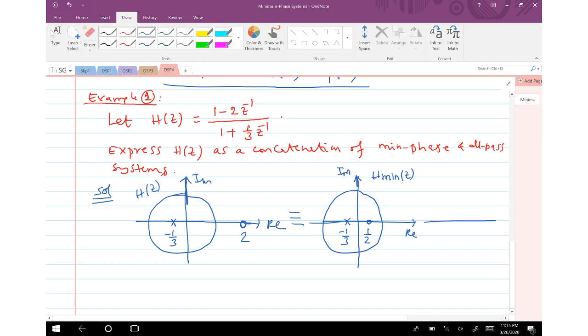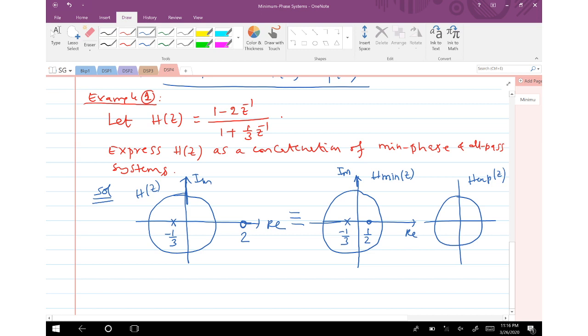And how would the h all pass filter transfer function look? Well, you introduced a 0 at 1 by 2, which when multiplied with all pass should give you back h of z.